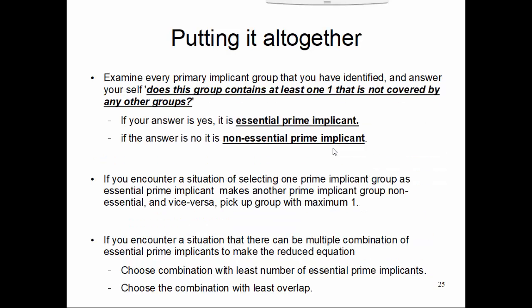If no, it's a non-essential prime implicant. Then if selecting one prime implicant group makes another non-essential, you pick the group which has the maximum 1s or minimum number of X's.